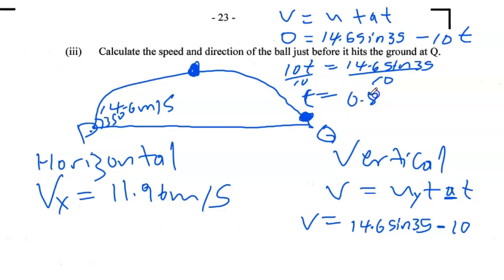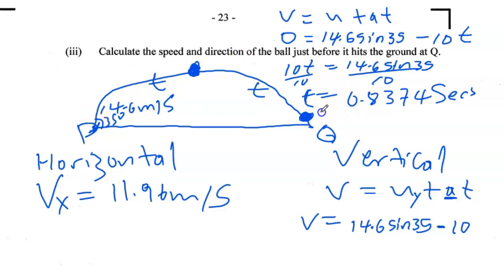That's 0.8374 seconds. So to get from P to the highest point, which is midway, is 0.8374 seconds. Which means that the total time to get from P to Q, we just double that. To get from P to the highest point, and then from the highest point to Q would also be the same T. So the full journey is actually 2T.